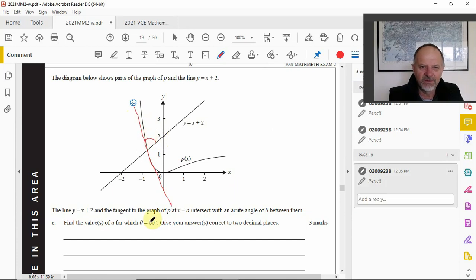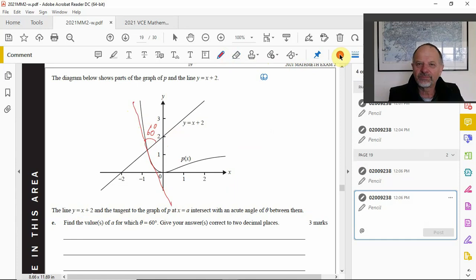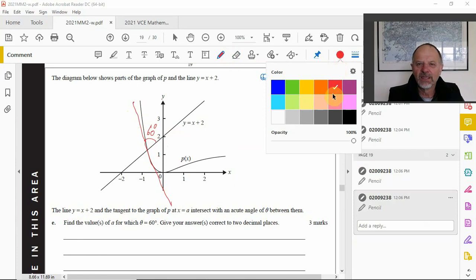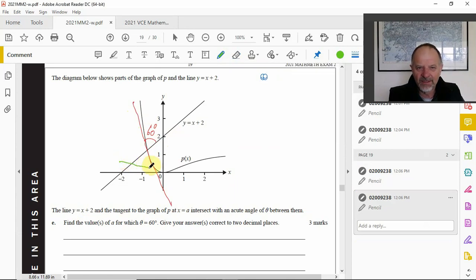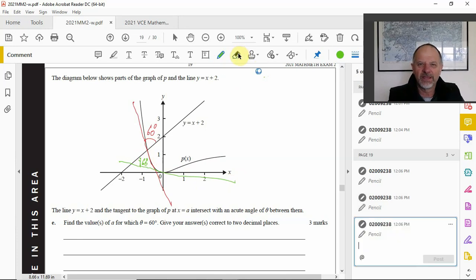Now in part E, they're talking about theta being 60. All right, so we could have that. Or we could have, let me use another colour, let's go green, one tangent that goes like so, where this angle in here is 60 degrees. All right, so there's two possible tangents for us.